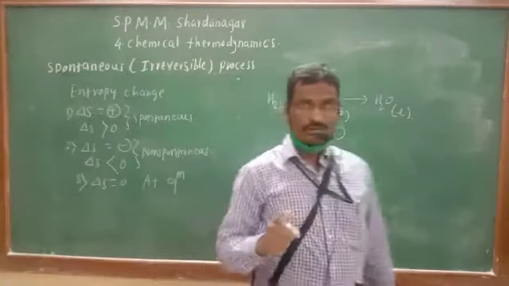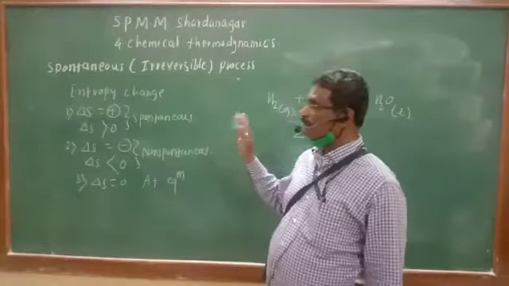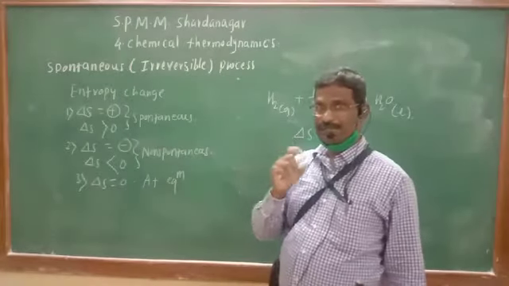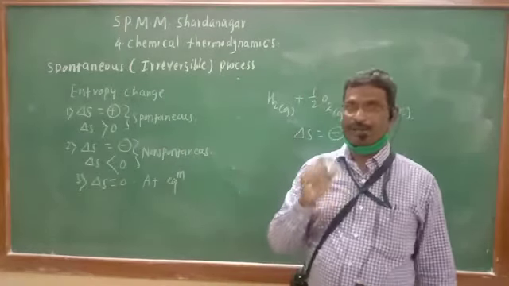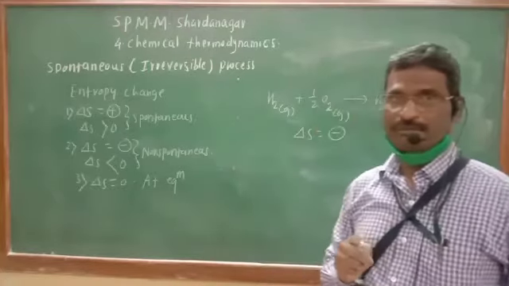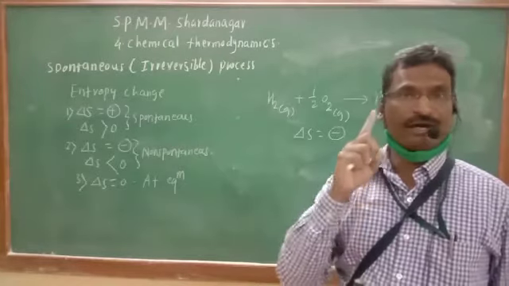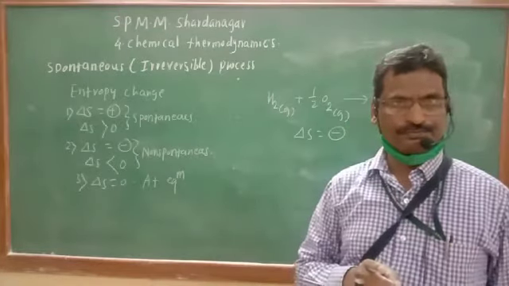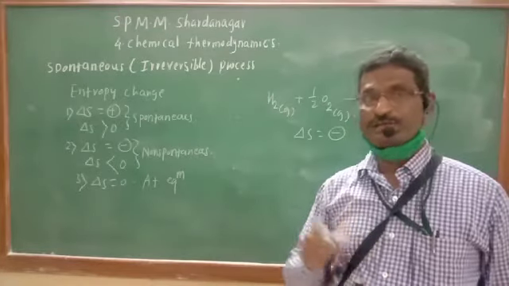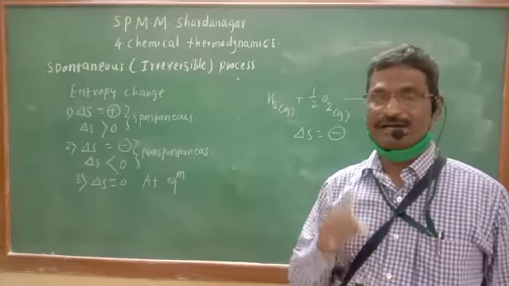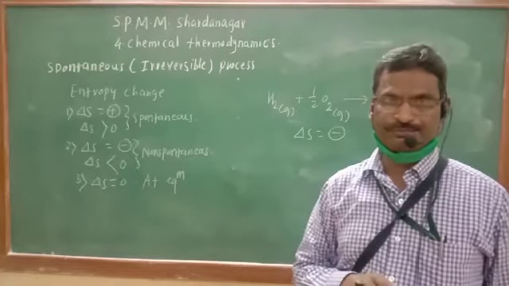Here we must know the important points. I am revising the important points: enthalpy and entropy. The reactions which are exothermic in nature have delta H negative. The reactions which are endothermic in nature, delta H is positive.